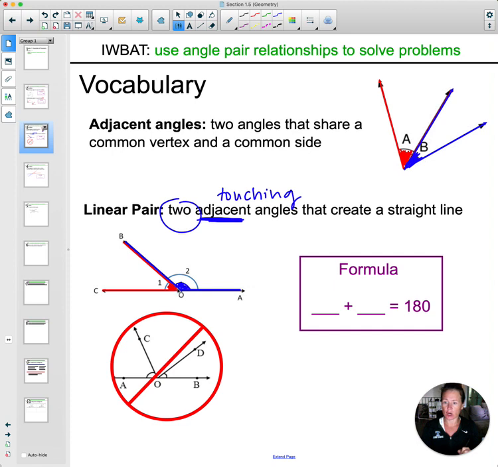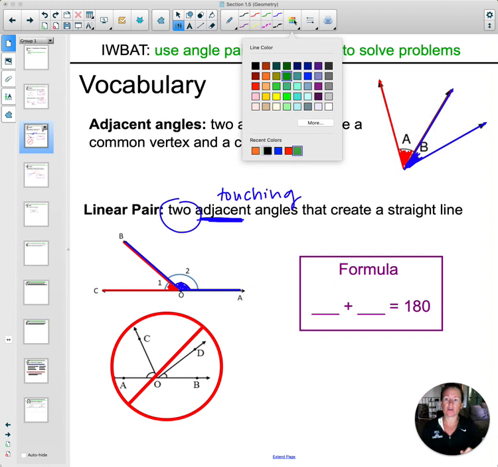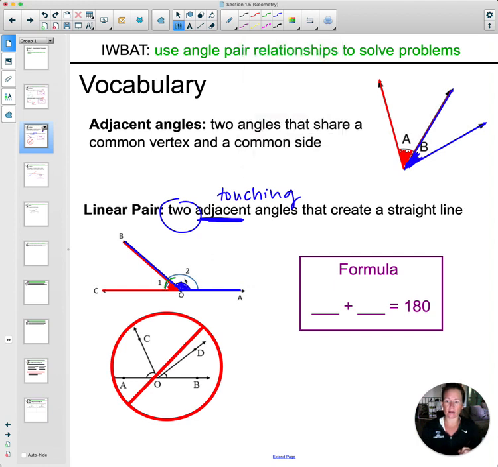So there's no blank space between them, and together they create that whole straight angle or that whole straight line. Okay, and we know that a straight angle or a straight line is 180 degrees. So anytime we have a linear pair, we know that the 2 angles added together will equal 180. So we can use this formula, blank plus blank equals 180.